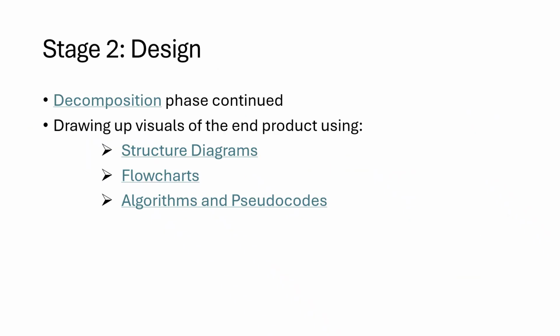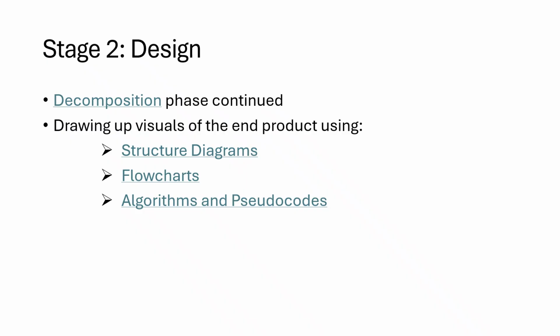Now that stage one of analysis is complete, we move on to the second one, which is the design stage. In the design stage, the decomposition phase is actually continued, not in the form of the analysis part, but in the form that once you have the decomposed analysis ready, it's now time to draw up the visuals in the form of structure diagrams, flow charts, algorithms and pseudocodes.